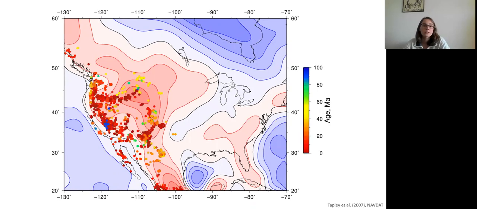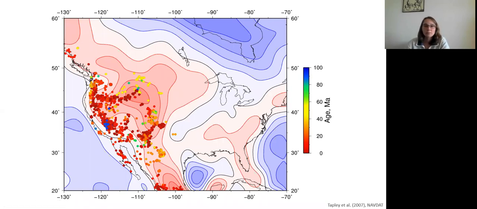And interestingly, if you overlay the location of volcanic rocks across North America, they pretty much exclusively lie in these regions of positive gravity anomalies. So on the very western margin here, you've got the subduction-related magmas, but then further inland, there is a bunch of activity that shouldn't really be there, and that may well be related to a mantle upwelling.